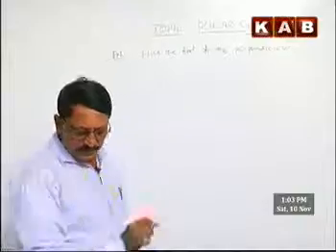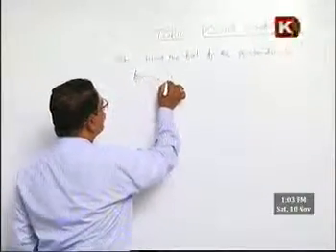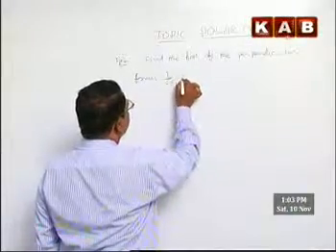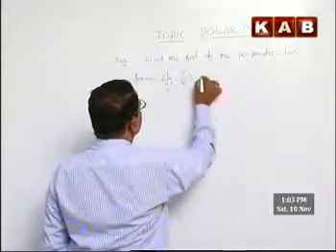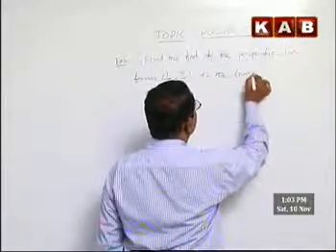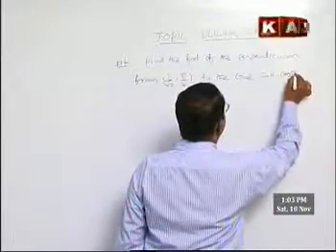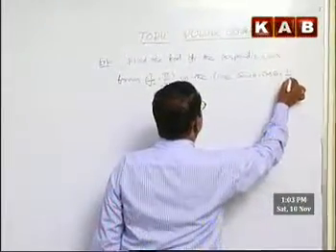Find the foot of the perpendicular from 1 by root 2 comma pi by 4 to the line sin theta minus cos theta equals to 1 by r.